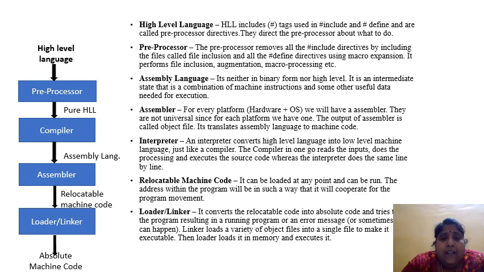Then we are having the loader and the linker. Loader and the linker will be having this relocatable machine code. It will be converting this into an absolute machine code. That is, the linker loads a variety of object files into a single file and makes it executable. And the loader loads it in the memory and executes it.